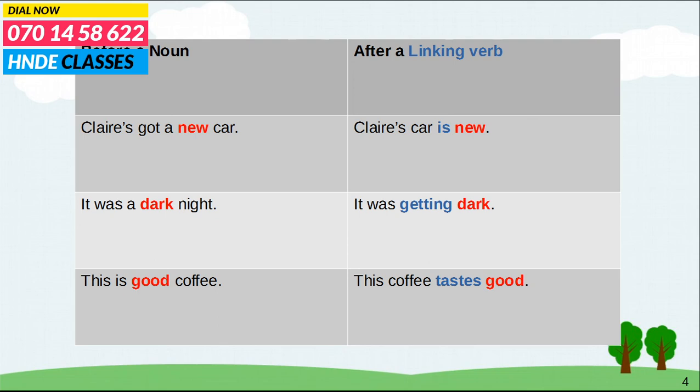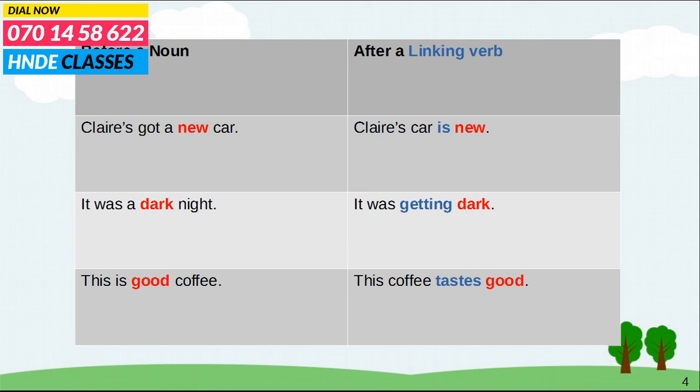Claire's car is new. It was getting dark. Here getting is a linking verb. It was getting, so that is the verb, and after the verb we find the adjective dark, which describes it. How was it? It was getting dark.